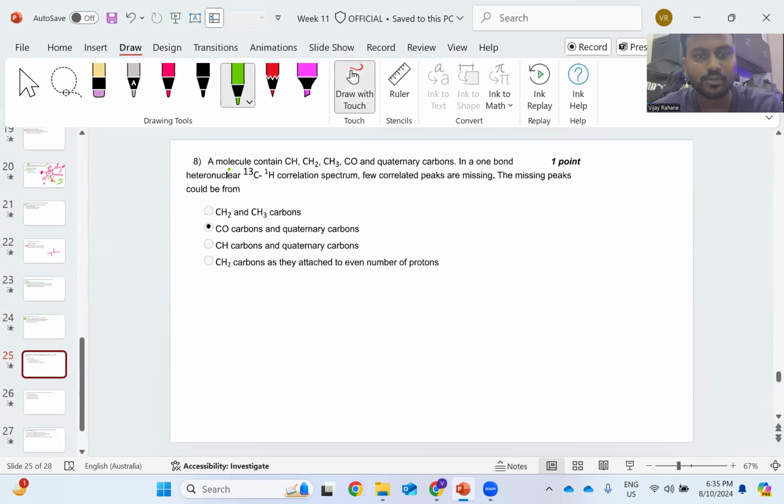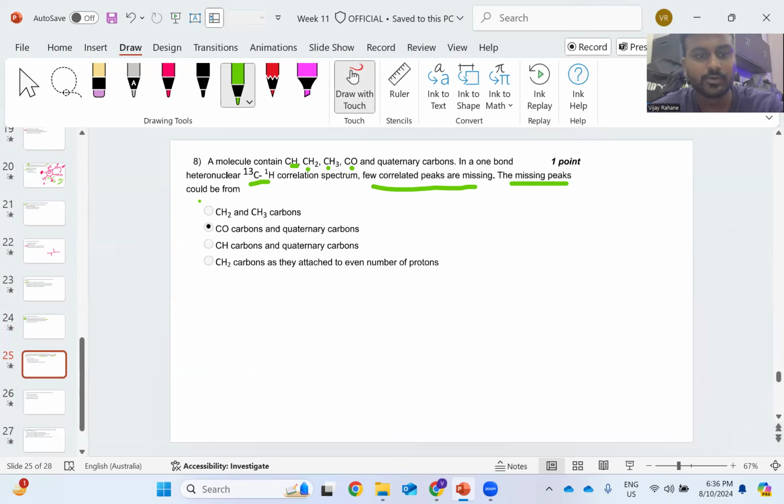In the eighth question, a molecule contains CH, CH2, CH3, and CO as a quaternary carbon in a one bond heteronuclear, that is 13C 1H coupling correlation spectrum. Few correlated peaks are missing.